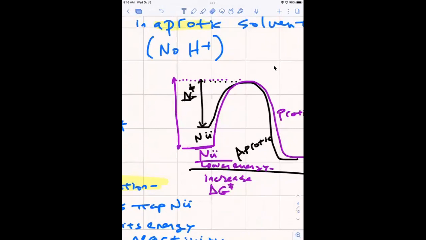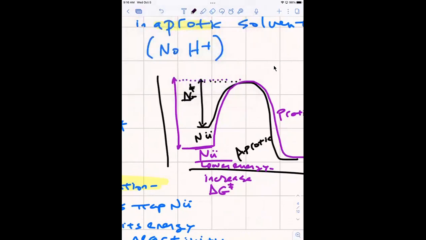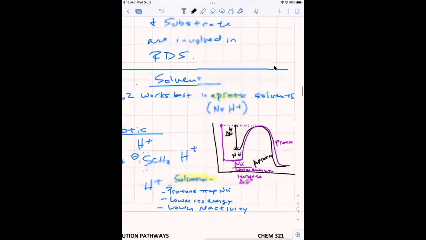That's a huge difference, right? Because it's the activation energy that controls the rate. So if you do this in a protic solvent, it's going to slow the reaction down. All right, questions about that? So anytime your nucleophile gets solvated, the reaction rate decreases, and that's not good.